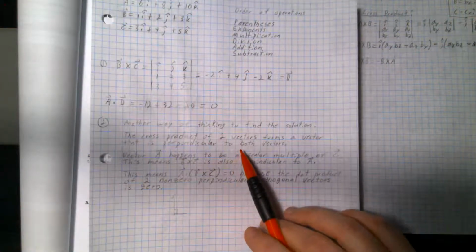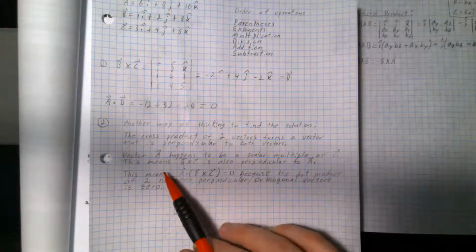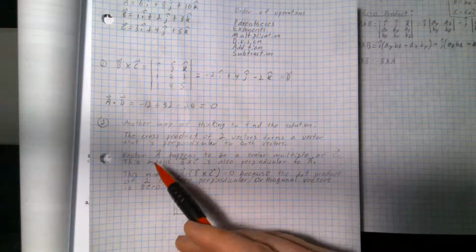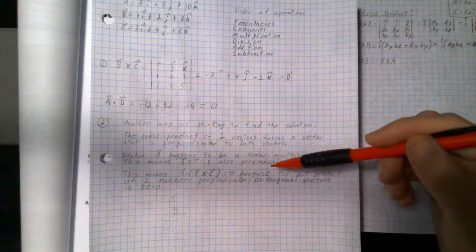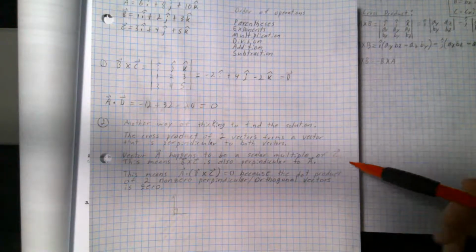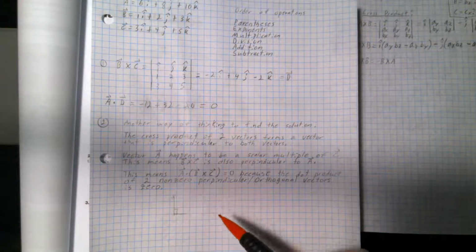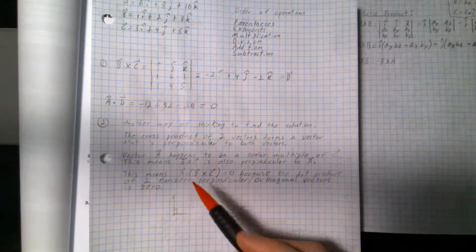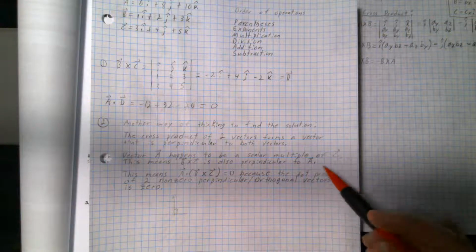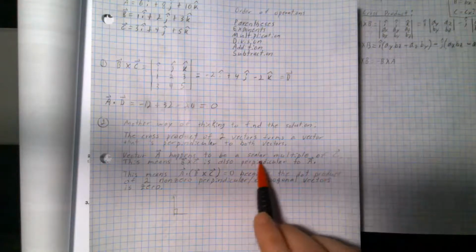Knowing that, you also have to remember that vector A happens to be a scalar multiple of vector C. This means that the cross product of B and C is also perpendicular to A due to it being a scalar multiple.